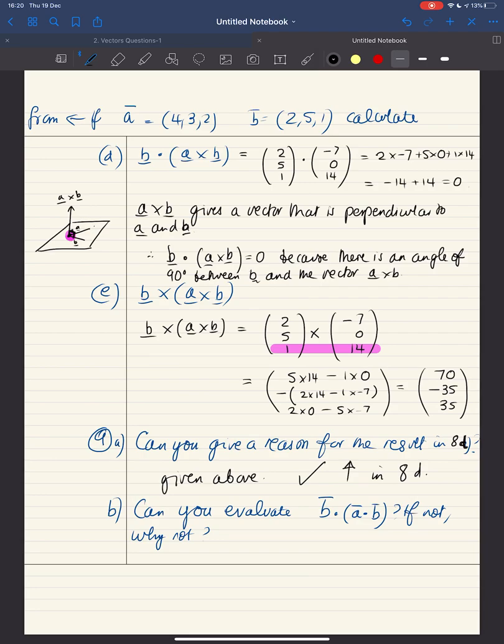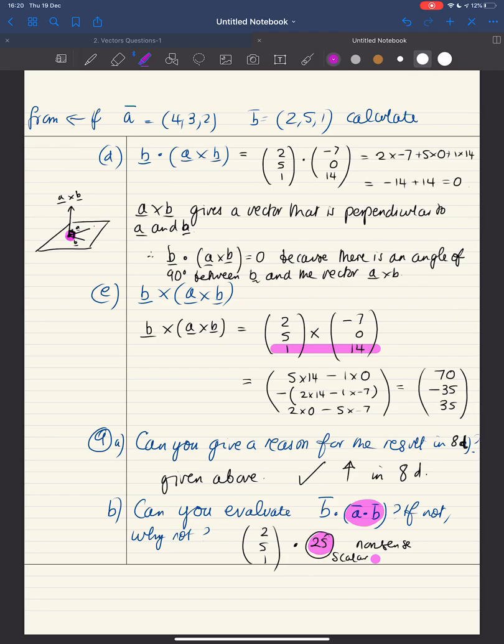Can you evaluate B dot A dot B? So if we tried to do this, B is 2, 5, 1. A dot B is actually the number dotted with 2, 5, 1, which is nonsense, because A dot B is the scalar product, so it's got a scalar answer.